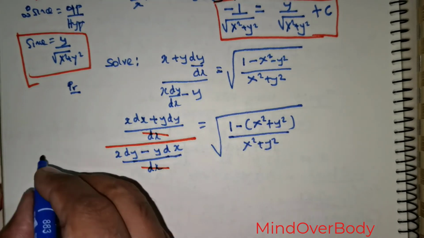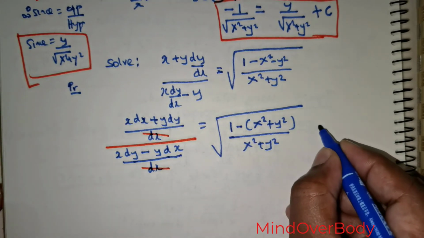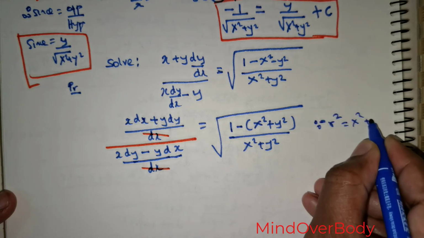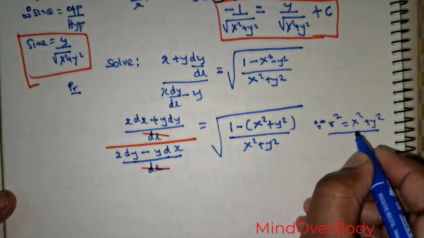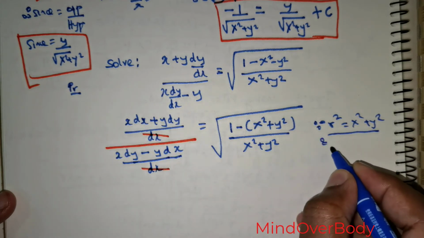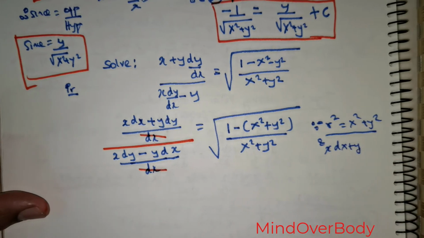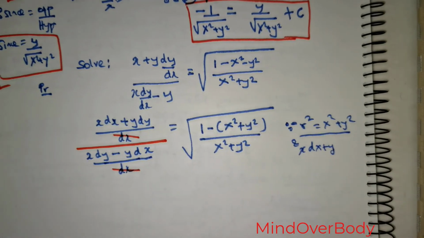Now I clearly know, let me write that down, that r squared is equal to x squared plus y squared, we have already studied this. And x times dx plus y times dy, what is that equal to?